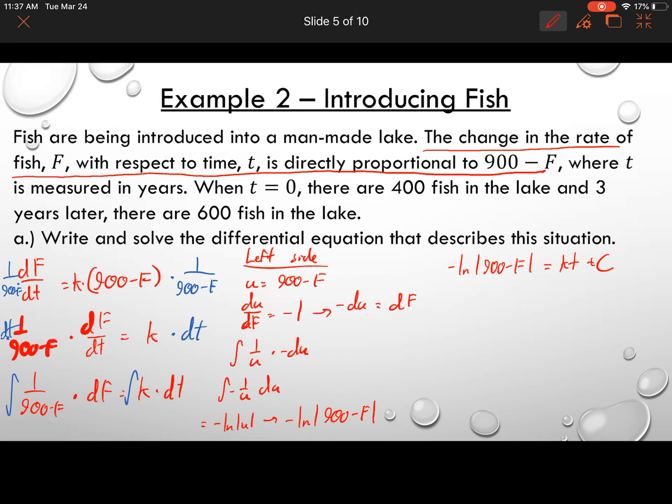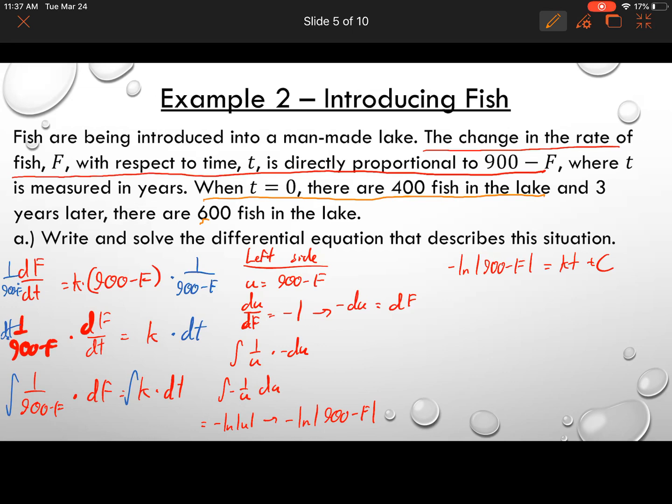Okay, so how are we going to find out what c is equal to? If you recall, we've done it before. We're going to use this information right here. When t is equal to 0, there are 400 fish in the lake. So let's find what c is equal to.